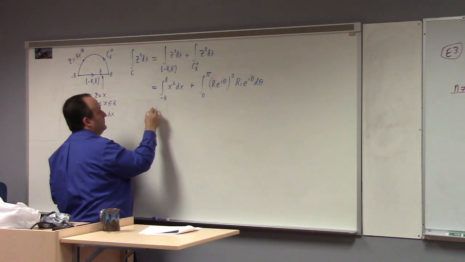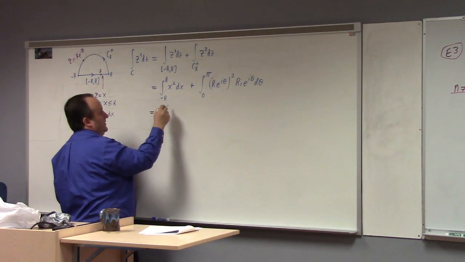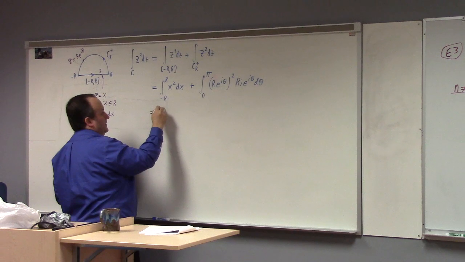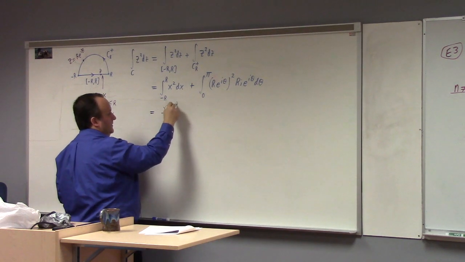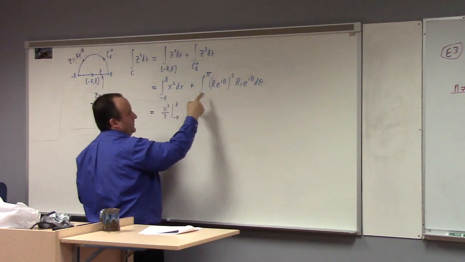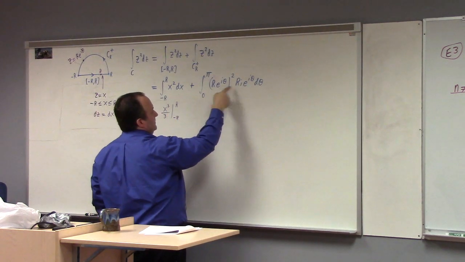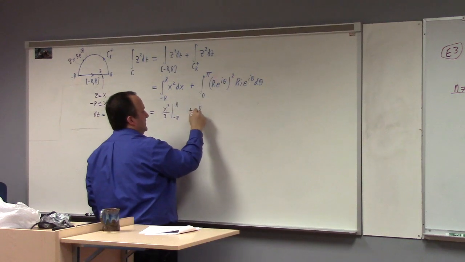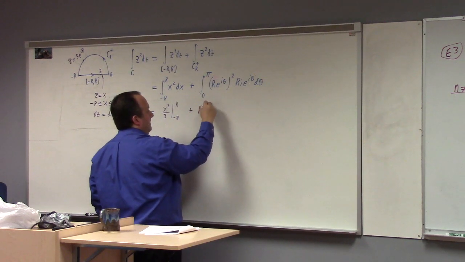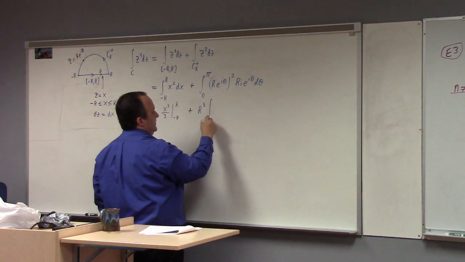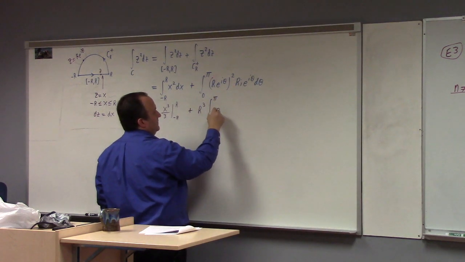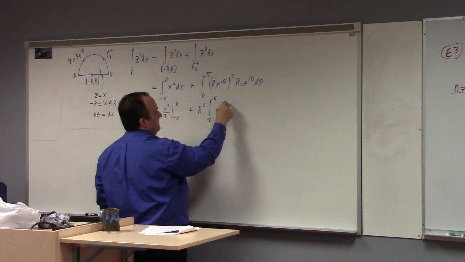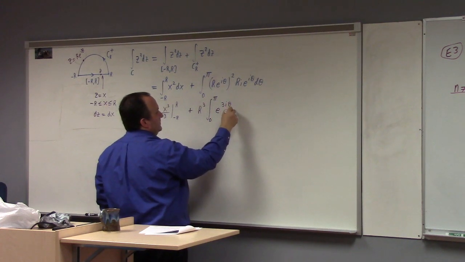So I get x cubed over 3 evaluated from minus R to R. And over here, what do I got? I've got an R cubed, it looks like. The integral from 0 to pi of e^{3i theta} d theta.